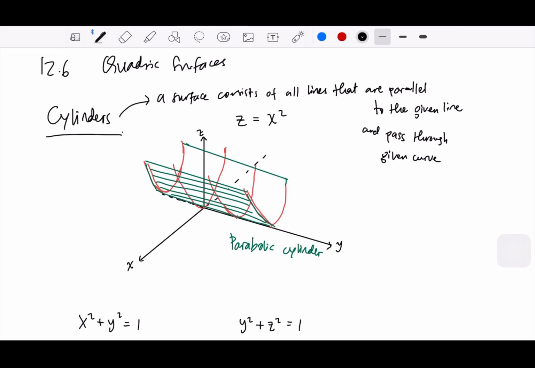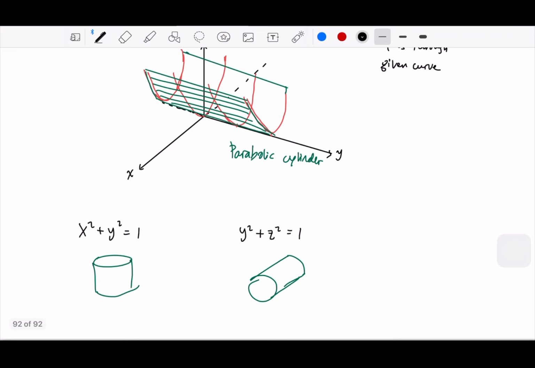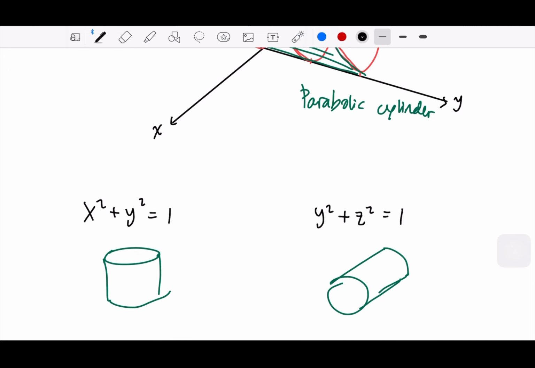After you learn about cylinders and how to create a surface from some curve, like here we have z equals x squared, the quadratic, and the other ones, x squared plus y squared equals 1 and y squared plus z squared equals 1, we can make a cylinder out of those equations.